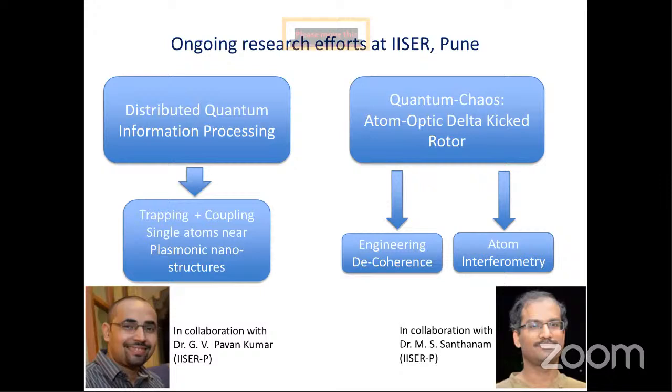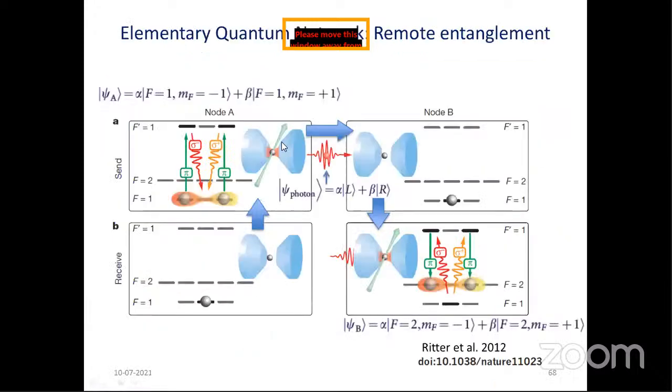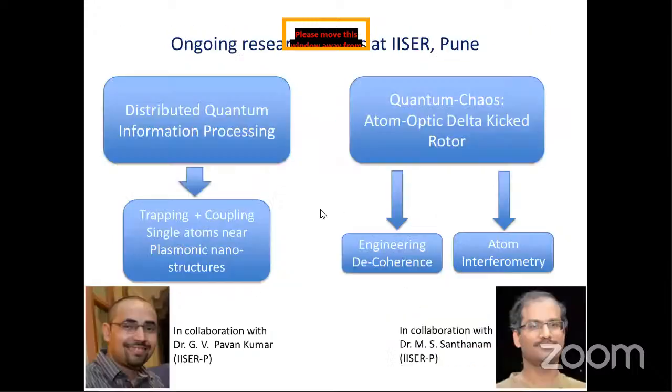Now in our group, we have a couple of things going on. We are working on distributed quantum information processing, where we are trapping and coupling single atoms near plasmonic nanostructures, essentially replacing the cavity QED system with an atom-plasmon system. Then we have experiments where we are controlling and engineering decoherence in atomic systems.